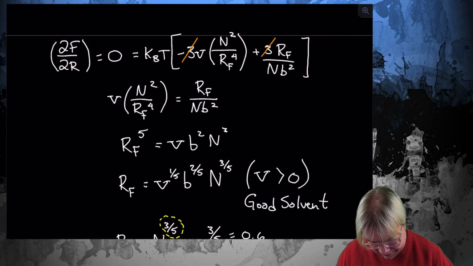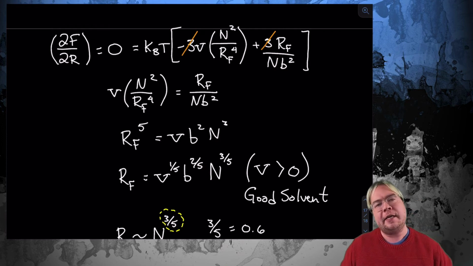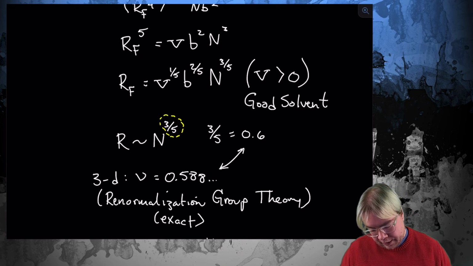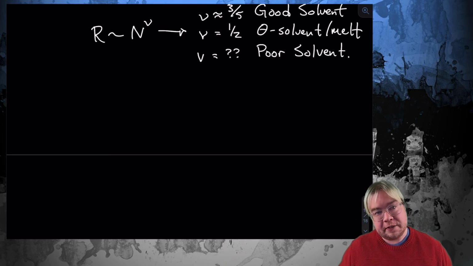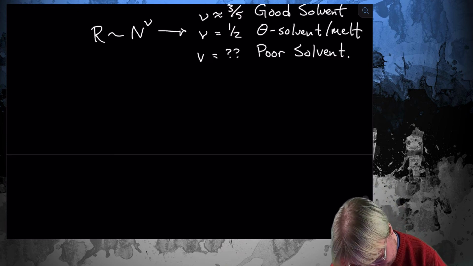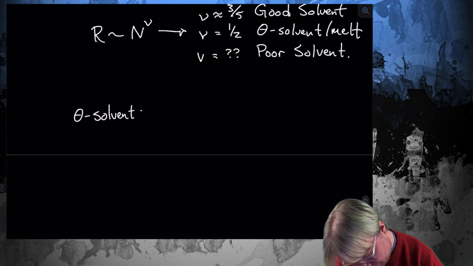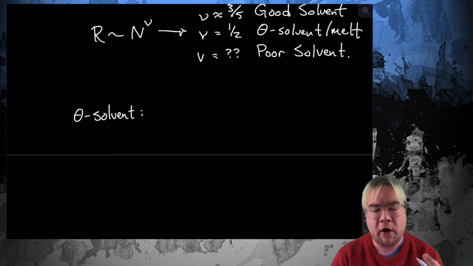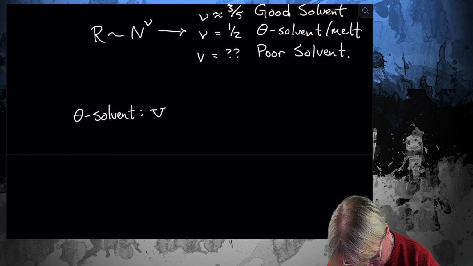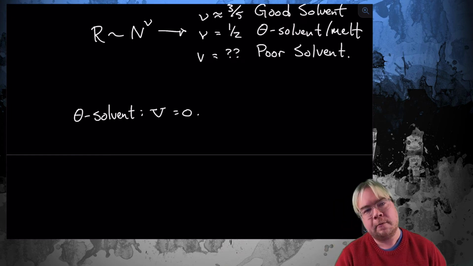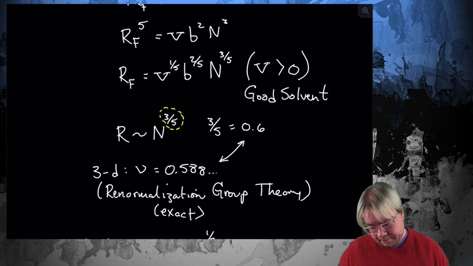Now, you can see I got the size of the chain by taking the derivative and setting it equal to 0. If you wanted to do this for a theta solvent or a melt, what does that mean? It meant that the excluded volume was 0. Okay, well, try to do that.